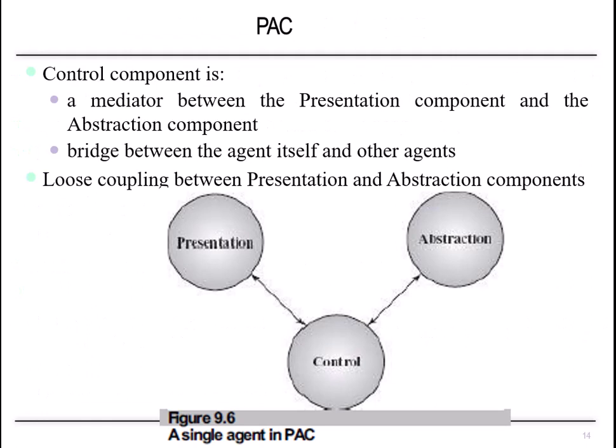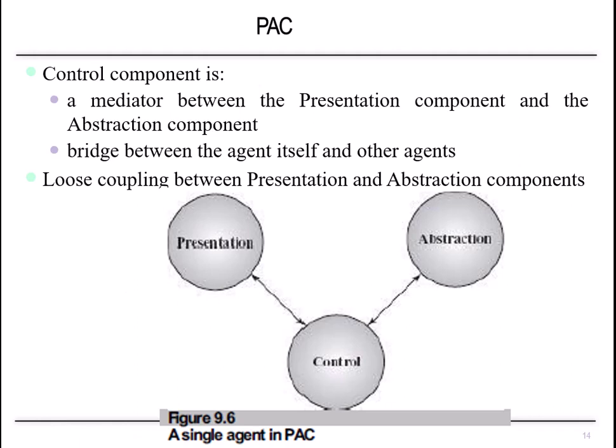Control component is a mediator between the presentation component and abstraction component. What is the purpose of presentation? Taking input and showing output. Abstraction is for the data, and control is the program component which acts as a bridge, as a mediator between these two components.